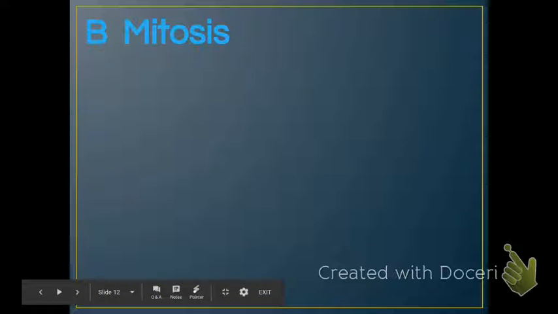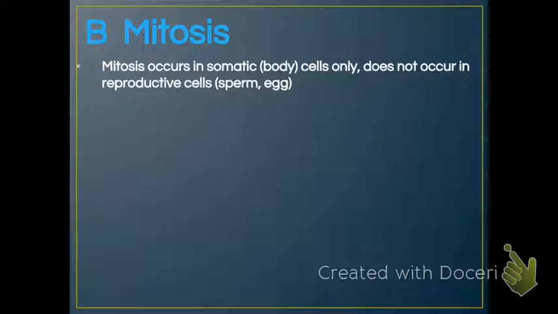Remember, just to remind you, before mitosis, the one thing that has duplicated is the DNA, so that each cell gets a copy of the DNA. So mitosis occurs in what we call somatic or body cells only. It doesn't occur in reproductive cells like sperm or eggs.